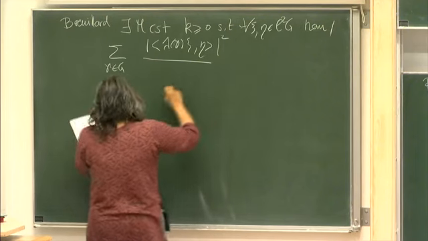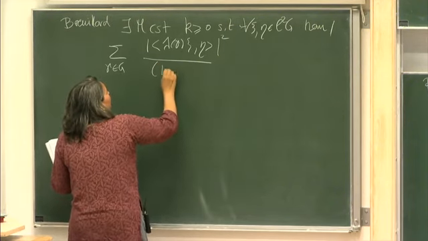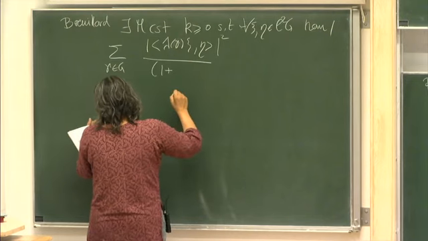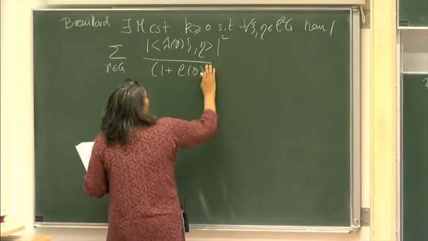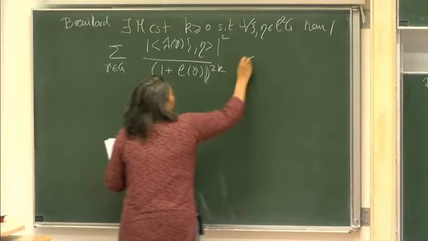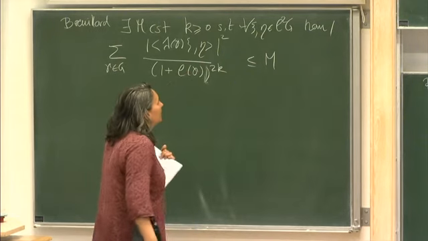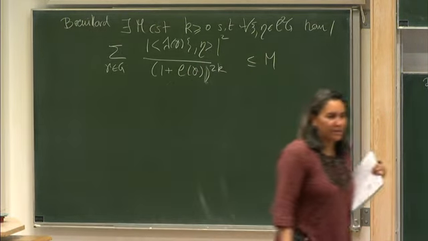I think I should put a square, 1 plus L gamma to the k is less than or equal to M. So those are all equivalent definitions.